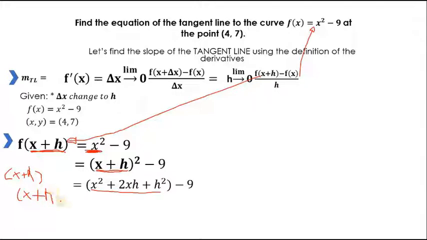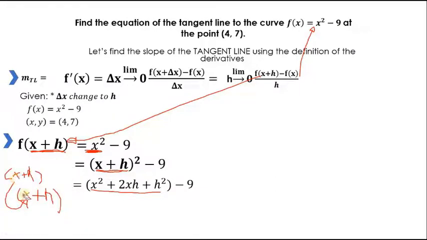And if you're not fond of mere simplification, you simply do the FOIL method. If you do the FOIL method here, the result is x squared plus 2xh plus h squared.